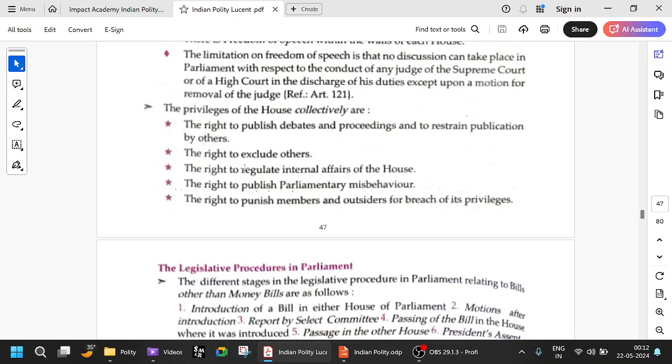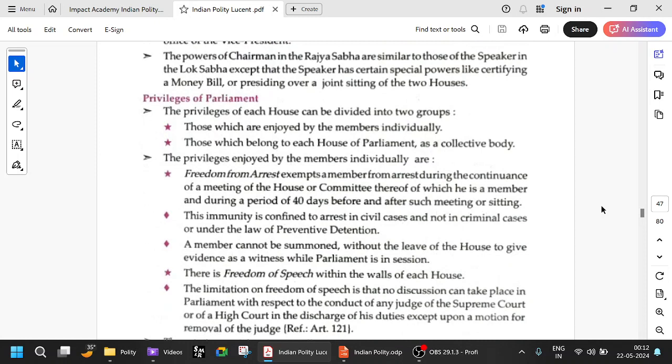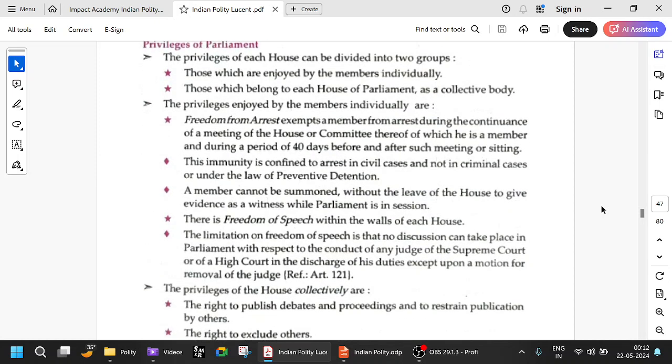So that is the right to exclude others, the right to regulate internal affairs of the House, the right to punish parliamentary misbehavior also, and the right to punish members and outsiders for breach of its privileges. So these are the collective rights, and these are the individual rights. So those are the privileges of the Parliament.